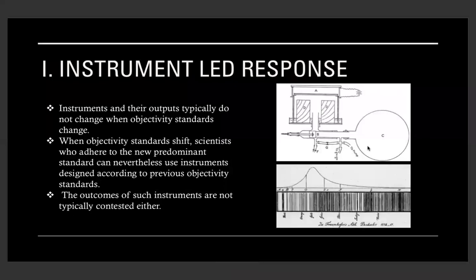When objectivity standards shift, scientists who adhere to new predominant standards can nevertheless use instruments designed according to previous objectivity standards, and the outcomes of such instruments are not typically contested either. So I will now talk about these latter two claims by referring to some examples.